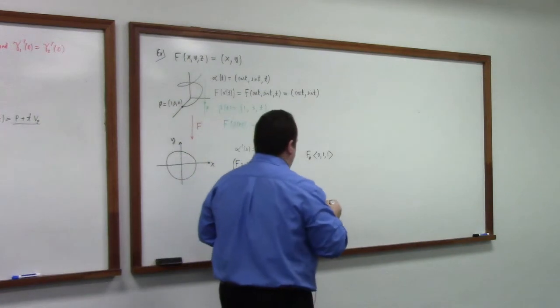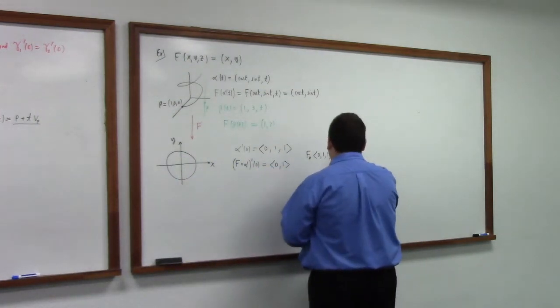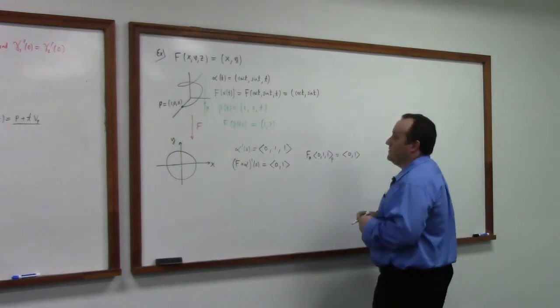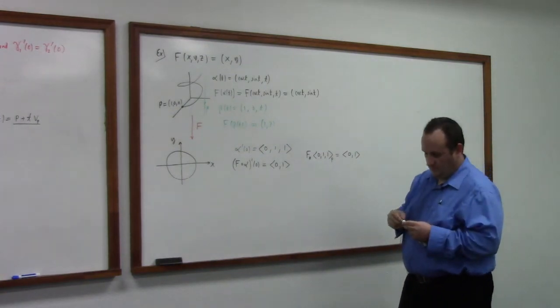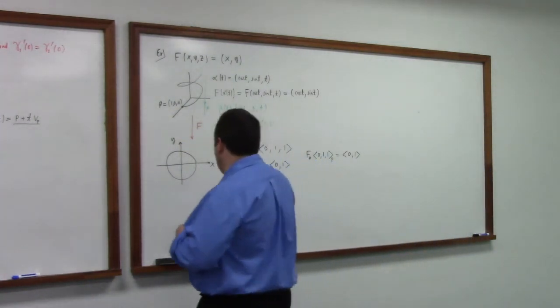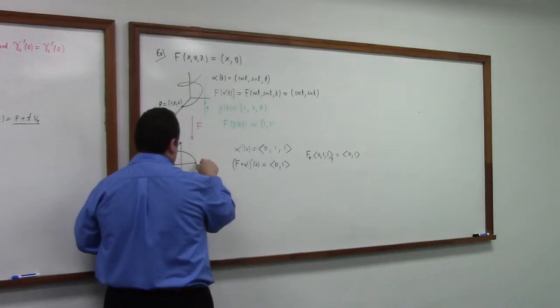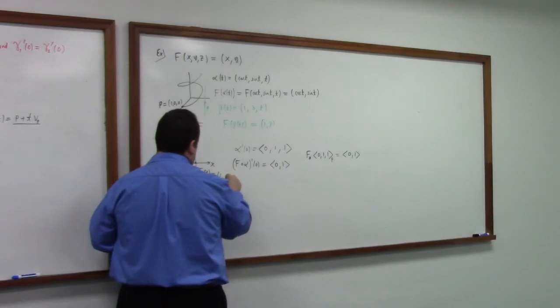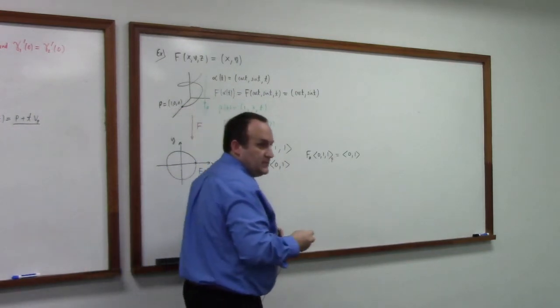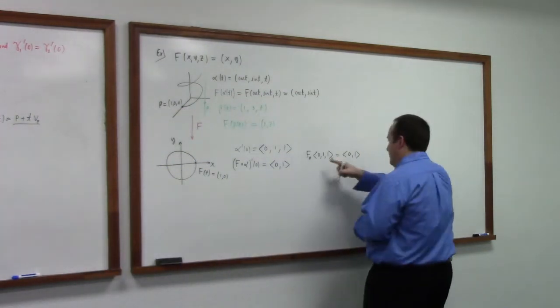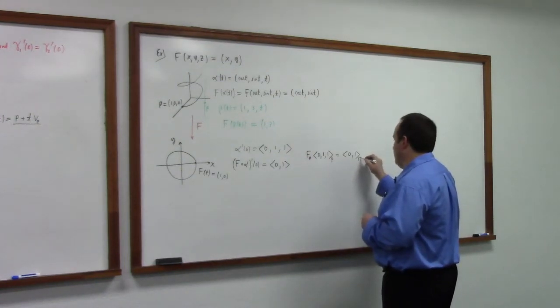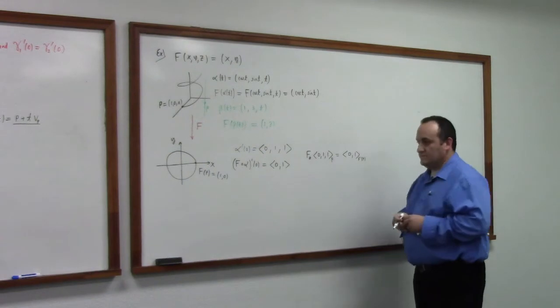So the push forward of this at the point P is equal to 0, 1. And where is 0, 1 at? This point is f of P, right? And that happens to be 1, 0. So the push forward took this vector in 3 dimensions over to this other vector in 2 dimensions, like so.